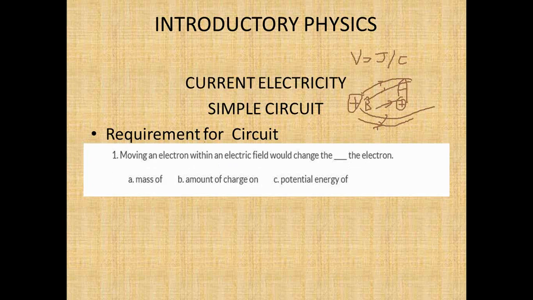And the electron is negatively charged. So the electron is going to move from your low potential terminal, which is negative, to the high potential terminal, which is positive. This is all by convention, universal convention. Okay?